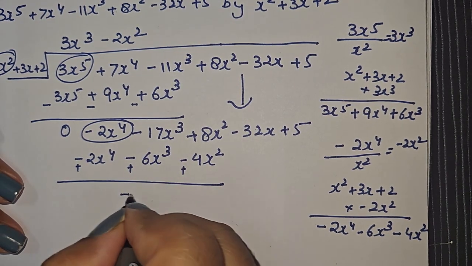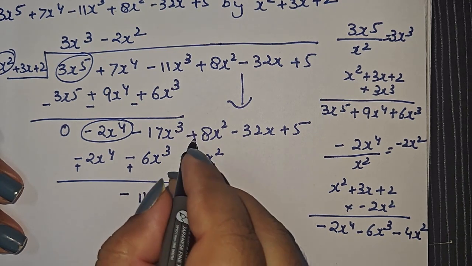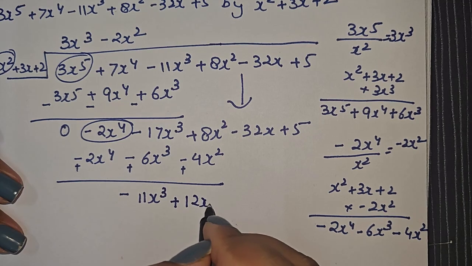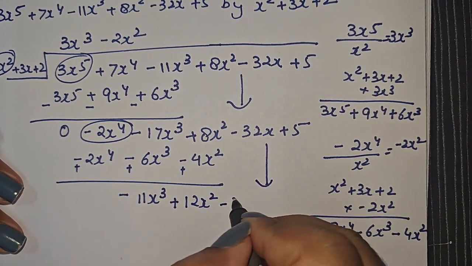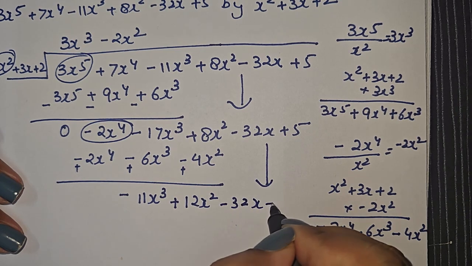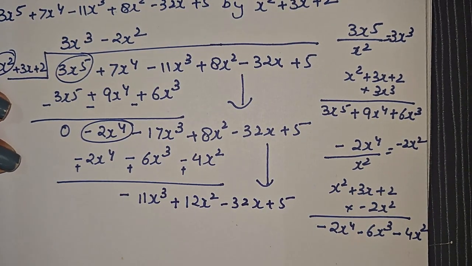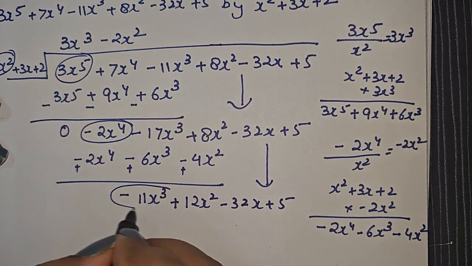So we have minus 11x to the power 3. This is positive, so the sign will be positive. And now we will bring all the remaining terms here. Clear so far?